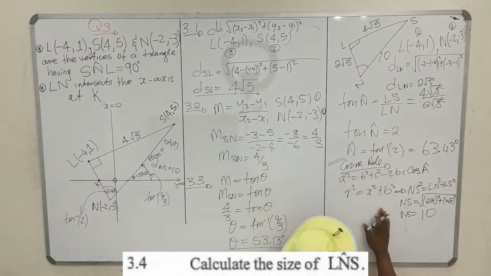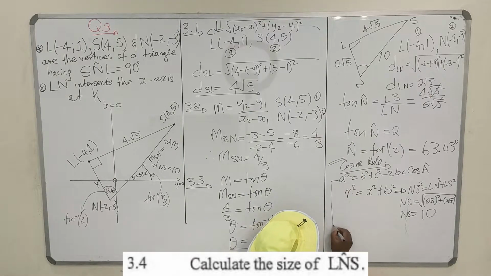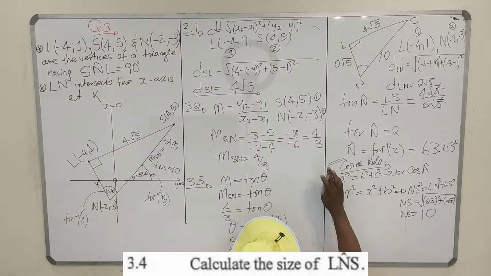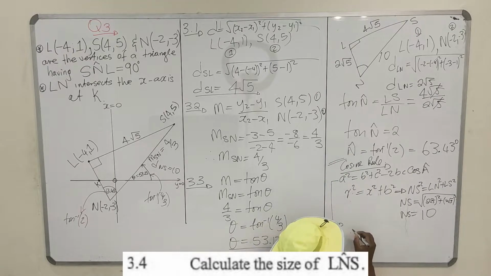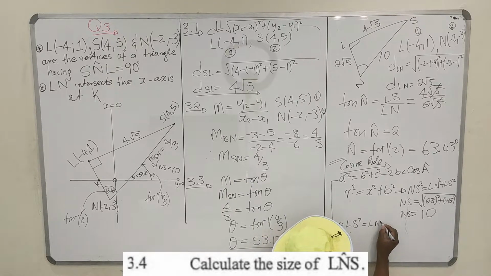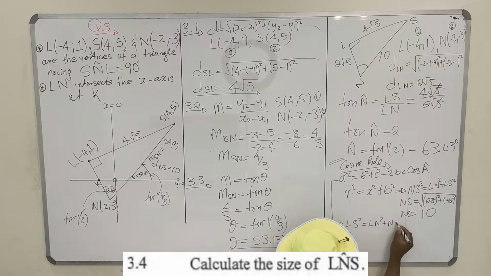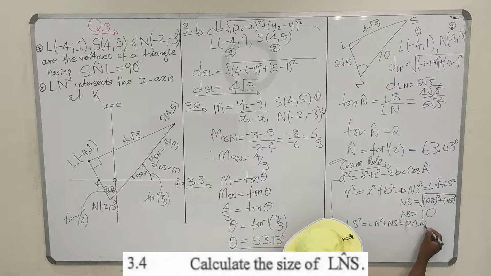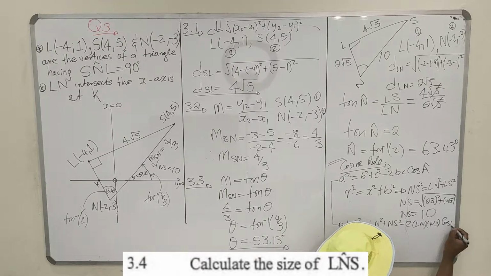So you can use your cosine rule now, which means you want this angle: LS squared is equal to LN squared plus NS squared minus 2 LN NS cos n.